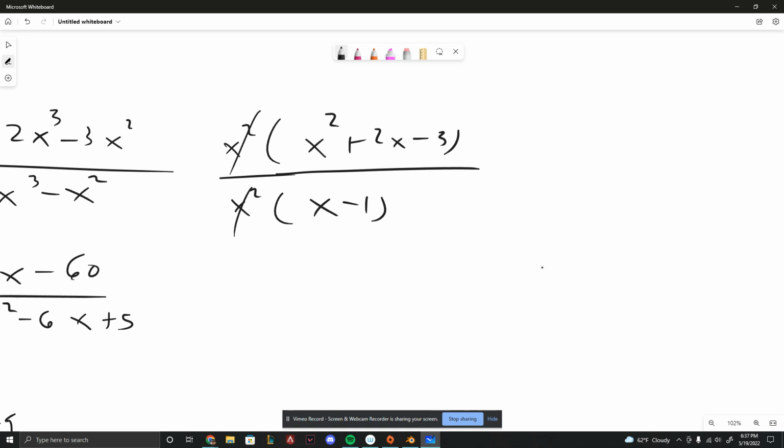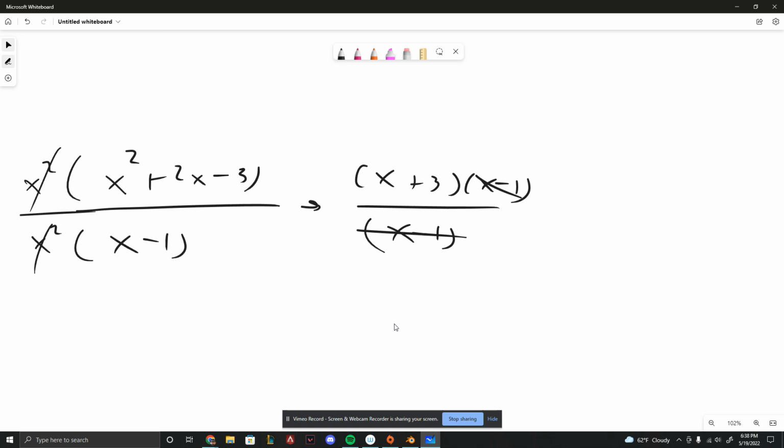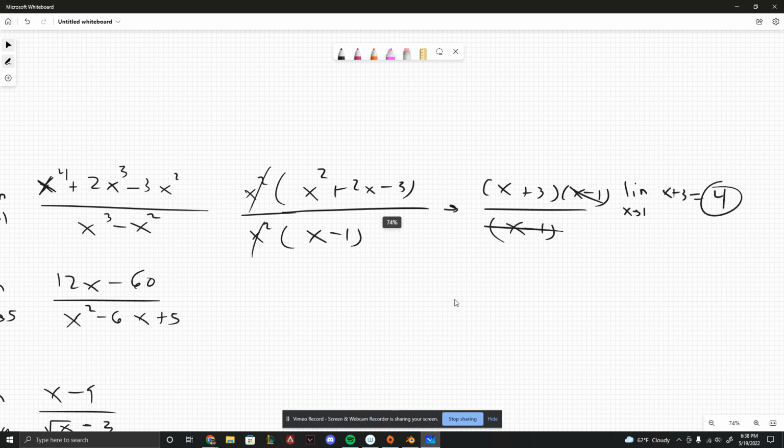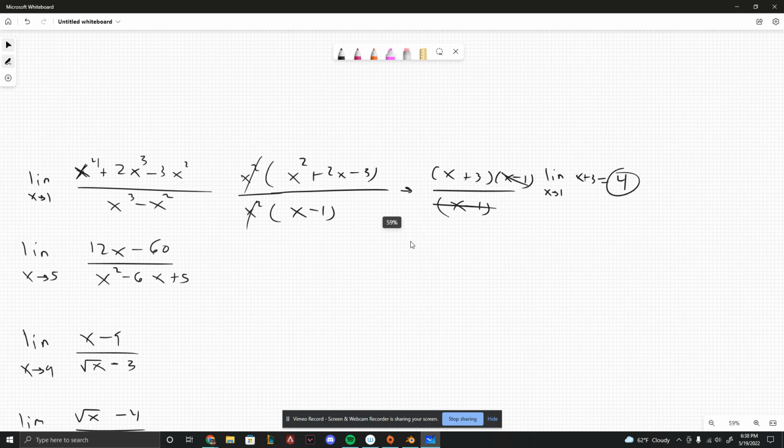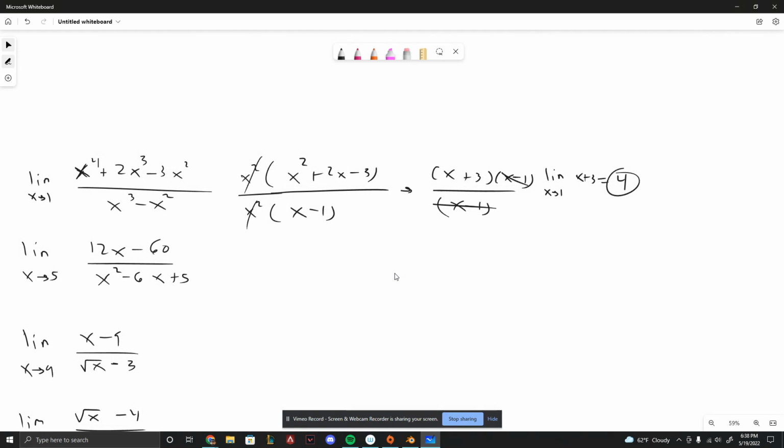So now let's break the top even more. This is actually x plus 3 times x minus 1, all over x minus 1. So this will cancel, and now we are essentially finding the limit, as x approaches 1, of x plus 3, which is just 4. And that's our answer. So take a quick look at the process. This is what you do, and that's how you get to your answer.